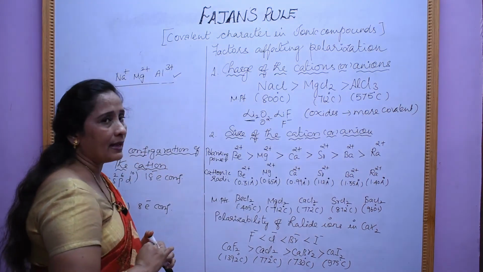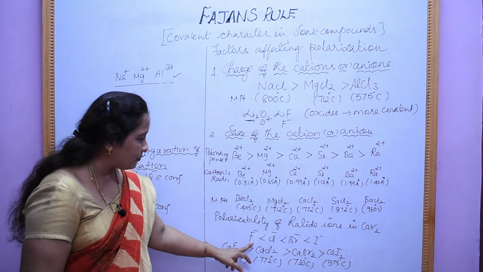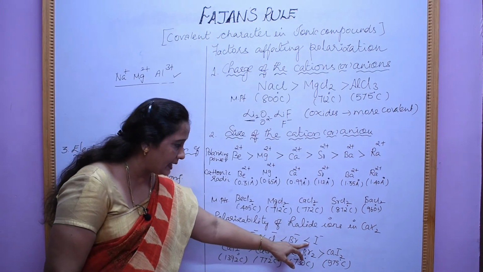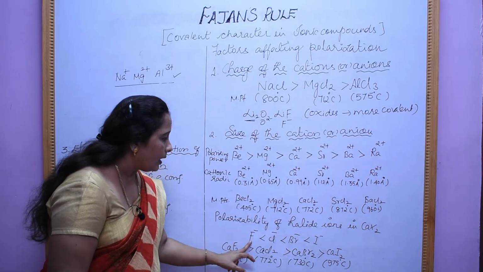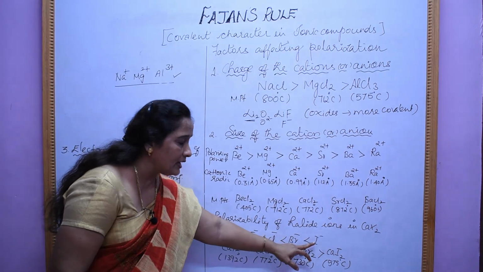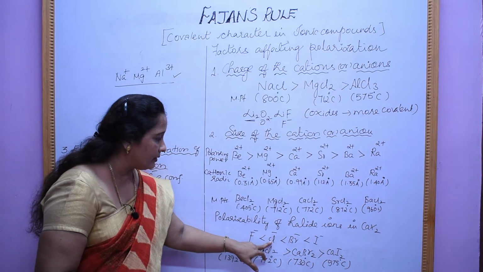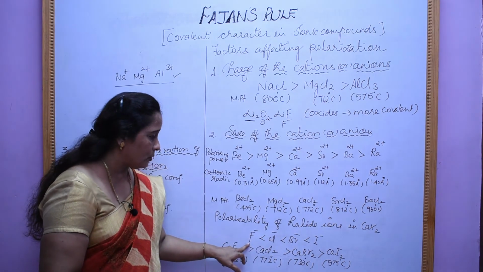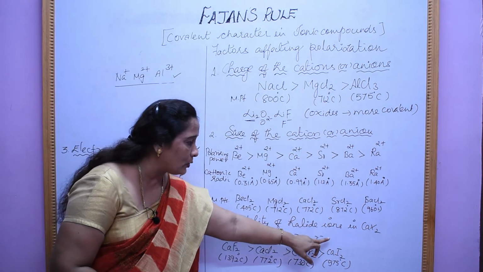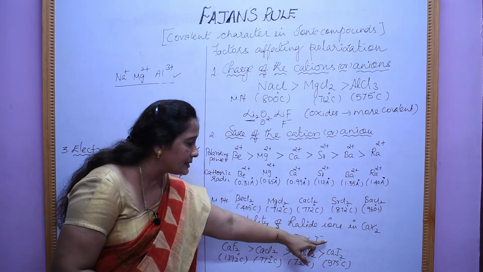So now let us take the examples of halides, right? F minus, Cl minus, Br minus and I minus. When you take the size, iodine is bigger when compared to bromine, which is bigger when compared to Cl, and Cl is bigger when compared to F minus. Right, so iodine has the more polarizing capacity.